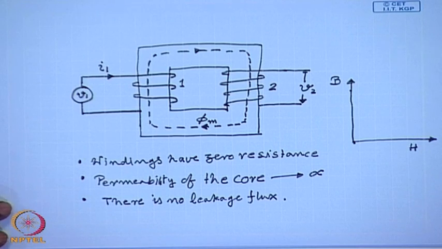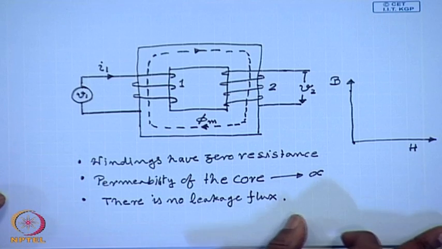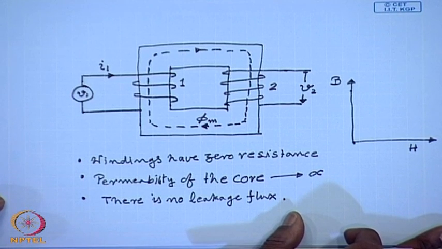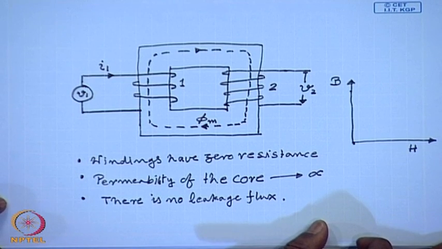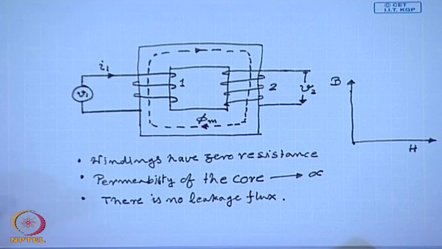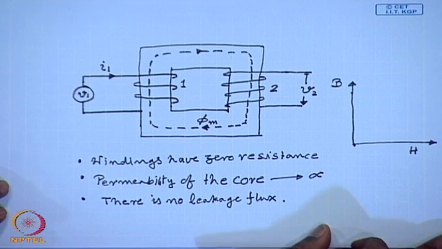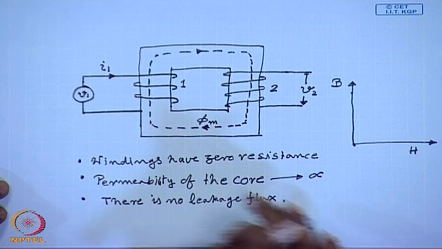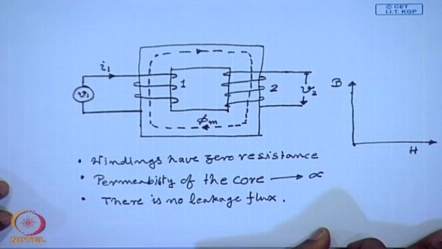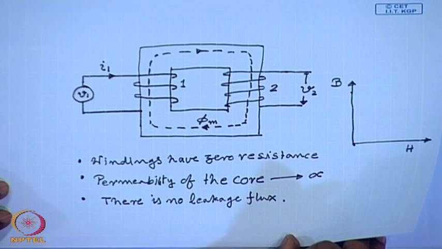However, the introduction of an ideal transformer as a conceptual device does help in understanding how a practical transformer works, and we will later on relax these assumptions and try to arrive at the model of a practical single phase transformer. But for the time being, let us spend some time to find out what are the consequences of these three assumptions and how we can analyze a single phase ideal transformer.